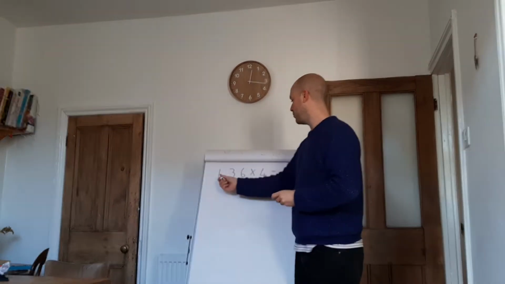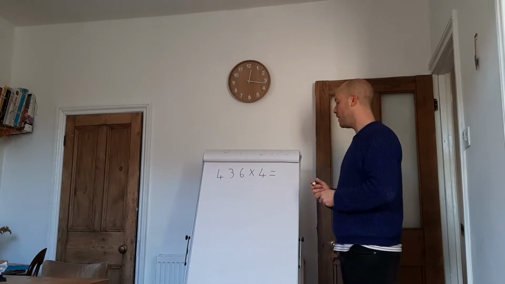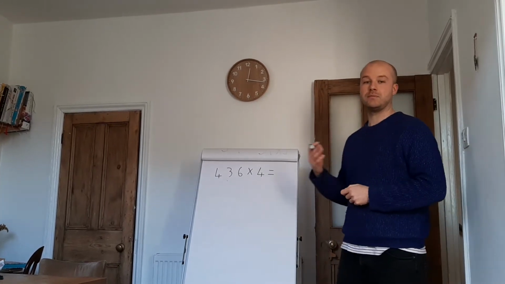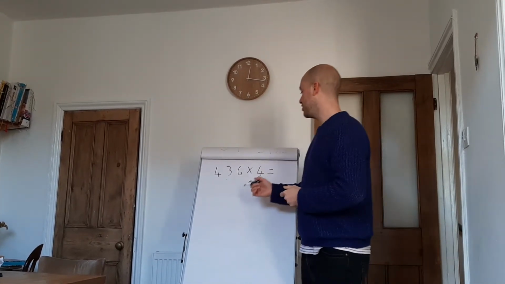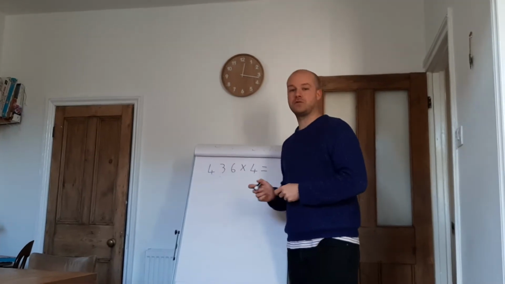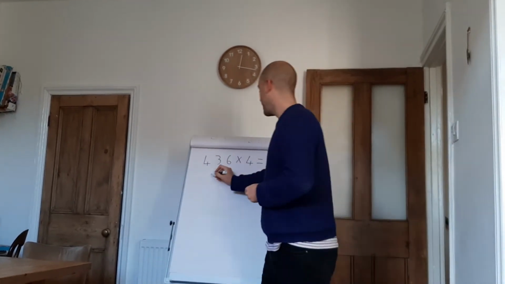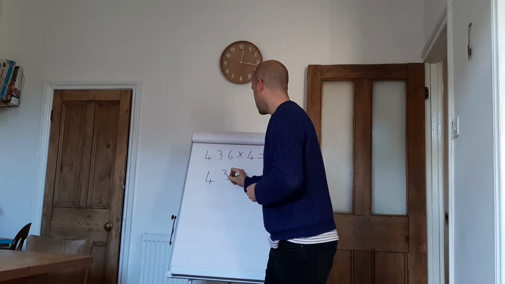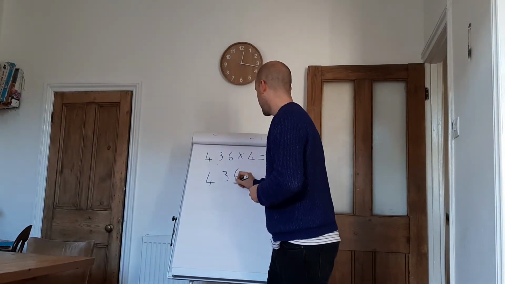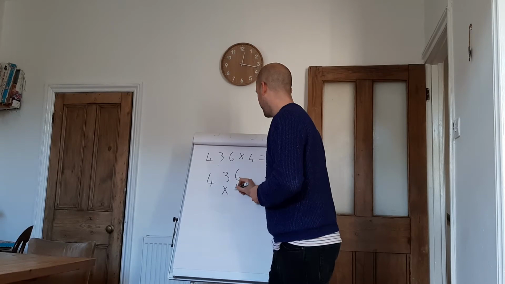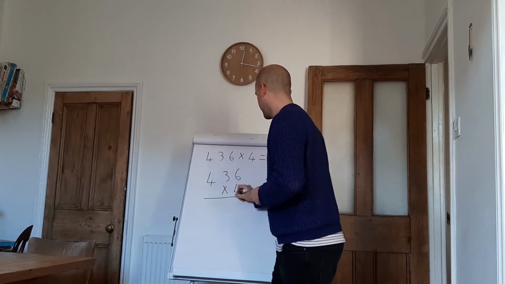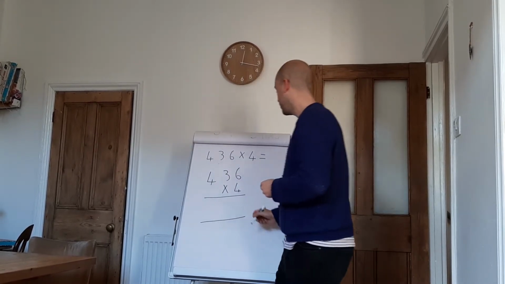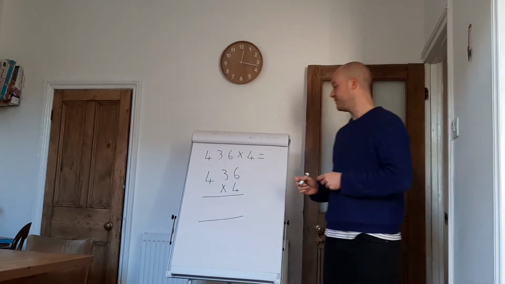The first example we're going to have a go at is 436 times 4. You can see that we've introduced the hundreds column to our multiplication. So we would write that out like this: 436 times 4. As you can see, we've got the 4 directly under the 6.